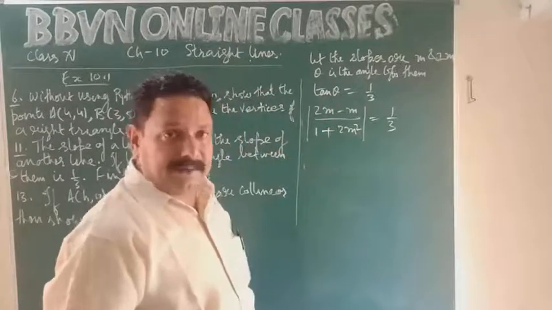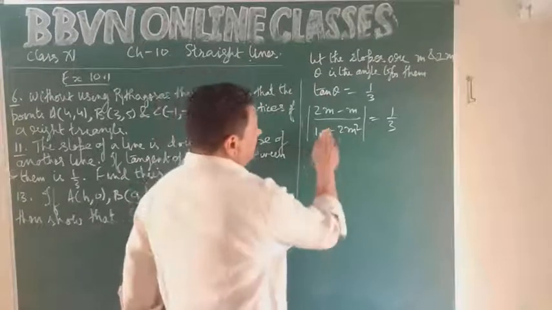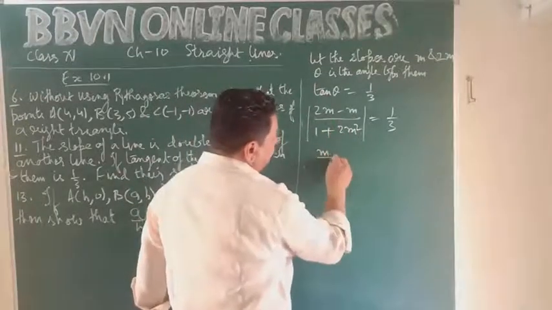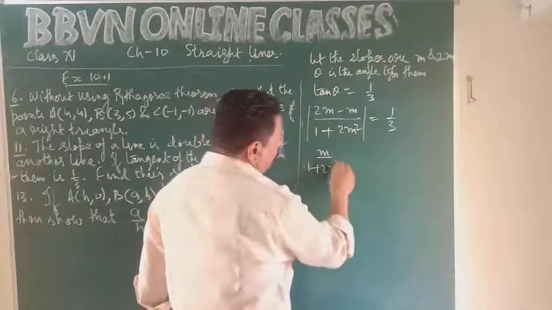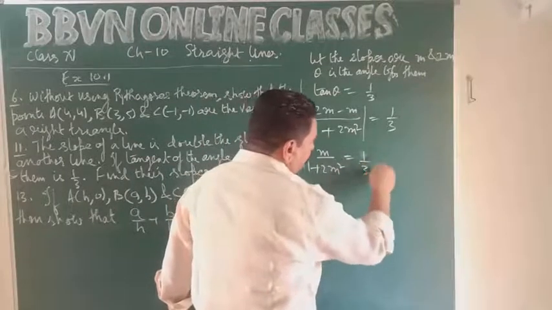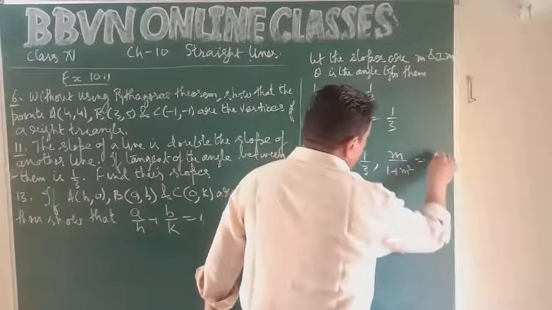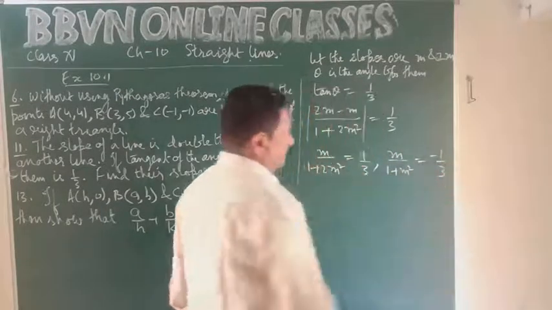Now we will remove the modulus, so we have to consider both the cases, plus and minus 1 upon 3. 2m minus m is m upon 1 plus 2m square equal to 1 upon 3. This is case 1. m upon 1 plus 2m square equal to minus 1 upon 3. This is case number 2.